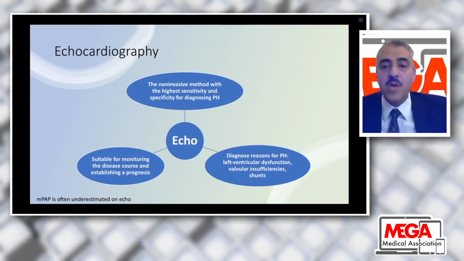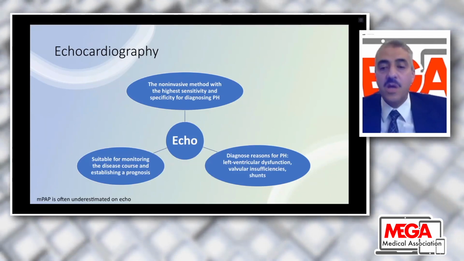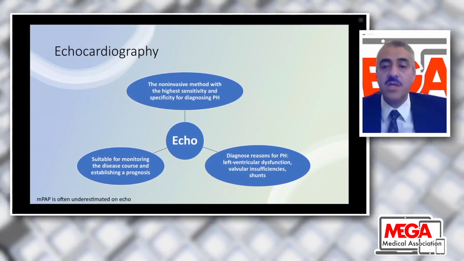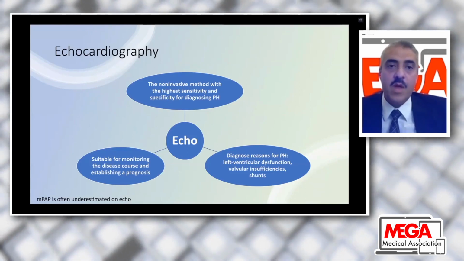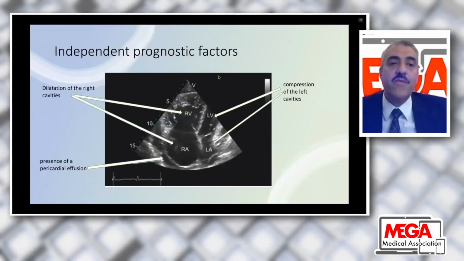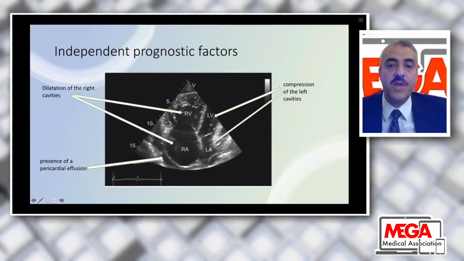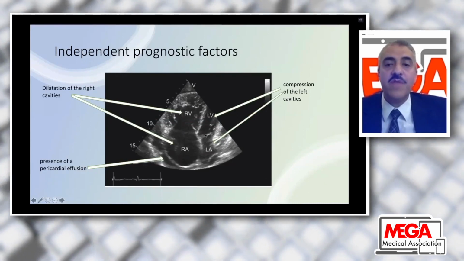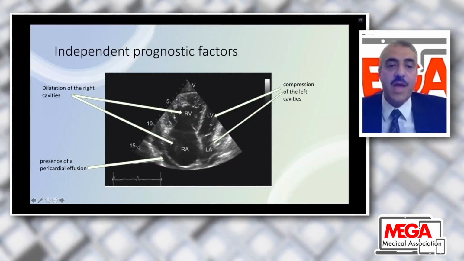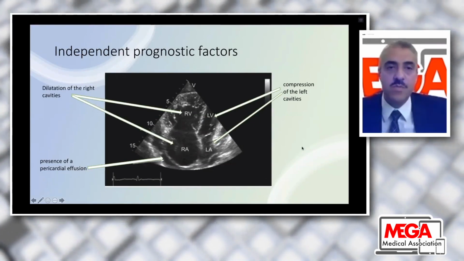Echo can also diagnose causes of pulmonary hypertension like left ventricular dysfunction, valvular insufficiencies, and shunts. Echo findings are dilation of the right cavities, right atrium and right ventricle, compression of the left cavities, left ventricle and left atrium, and the presence of pericardial effusion.